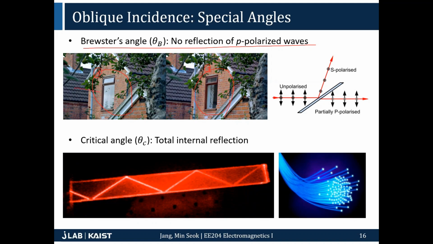when you have oblique incidence, you're seeing the images of two things. One is the light passing through the window, right? So if you look at this light, then you can see through the window what's inside.